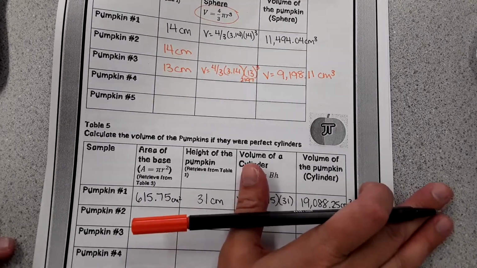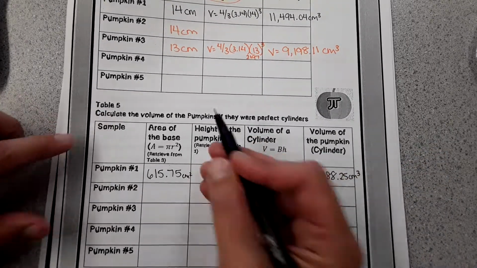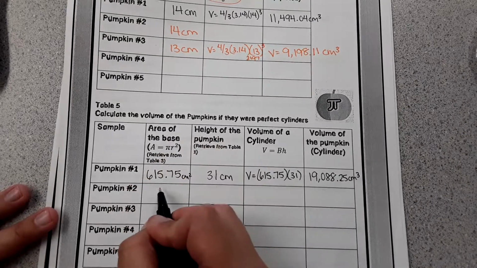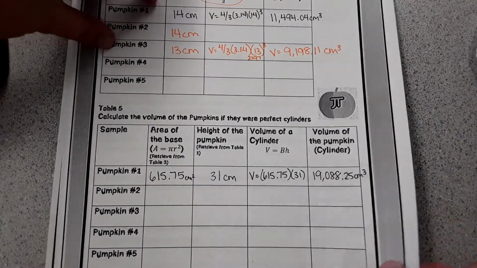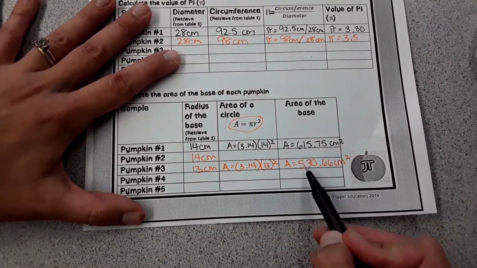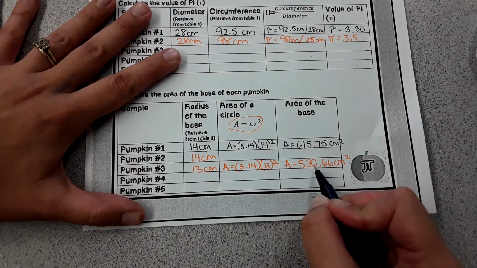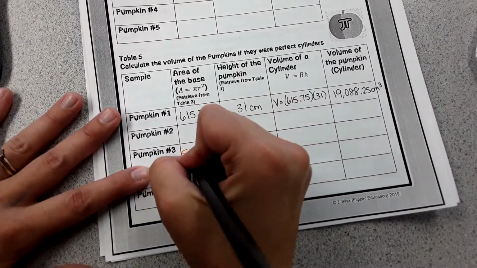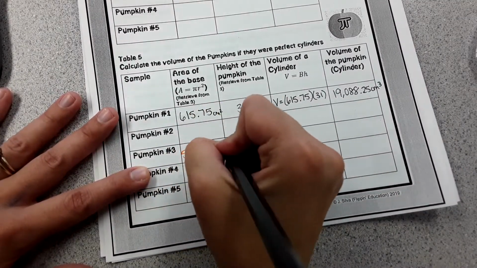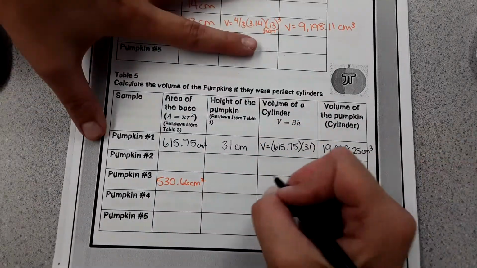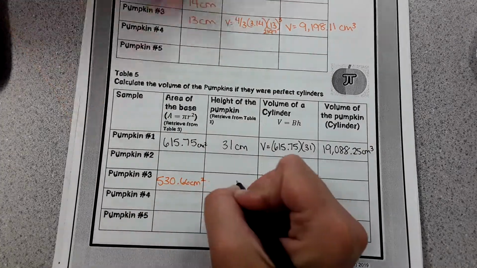Then for this, we are calculating the volume of a pumpkin as if they were cylinders. So we're going to take the area of the base, which we already calculated; it says retrieve from table 3. So if you go back to table 3, you'll have calculated the areas here. I'm going to take this area of 530.66 and put it here. Then to find the volume as if a pumpkin was a cylinder, we're going to multiply this number by the height of the pumpkin.